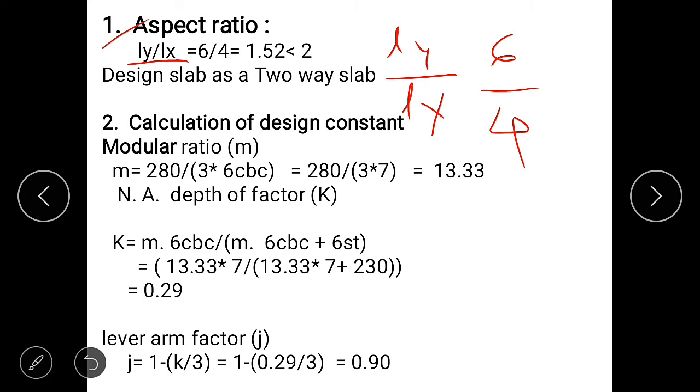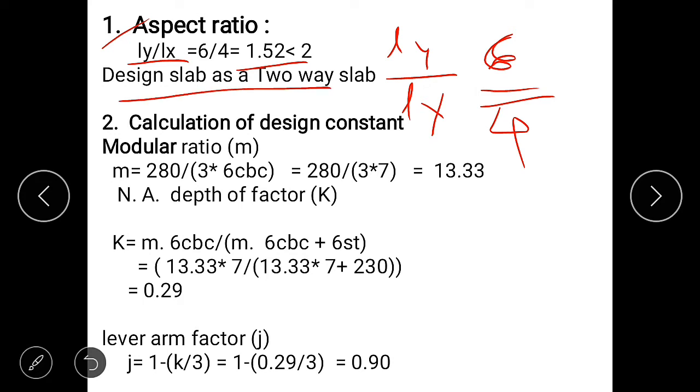If the ratio is greater than 2, it is called a one way slab. If the ratio is smaller than 2, it is called a two way slab. So 6 by 4, the ratio is 1.5, which is smaller than 2. So design the slab as a two way slab.